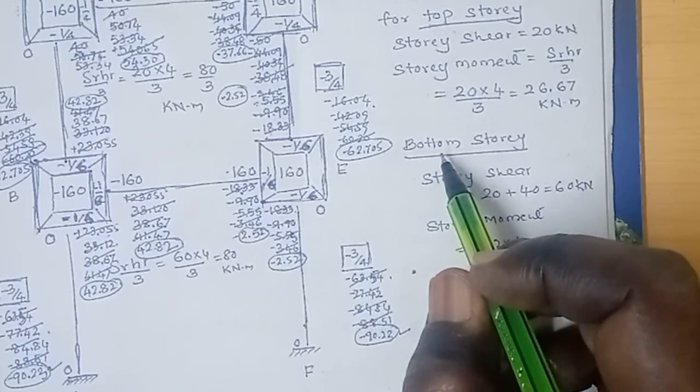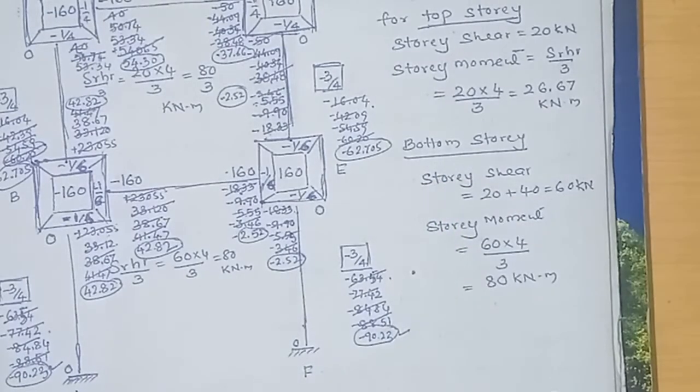Similarly, for the bottom story, if you take a section through C, B and A, the sum of the lateral forces acting on the first story, that is 20 at C and 40 at B, then the total story shear is 60 kilonewton.